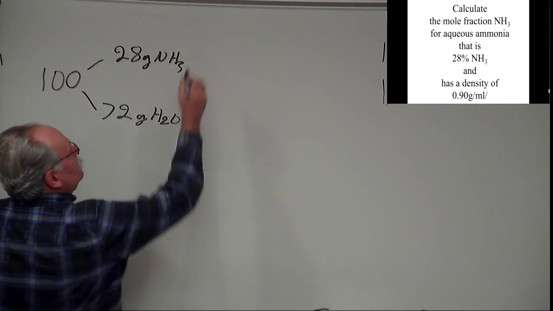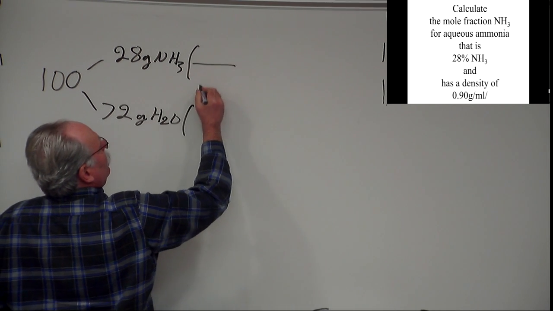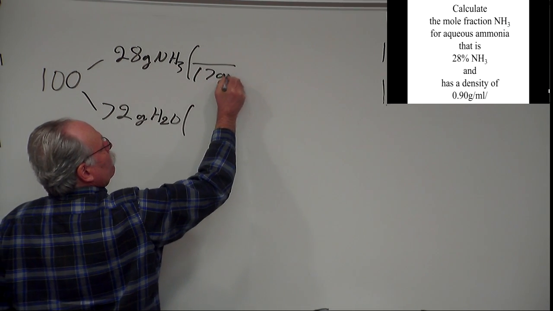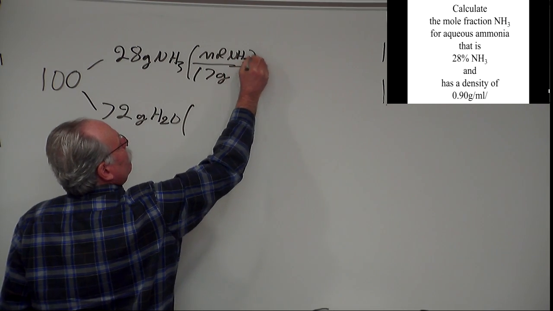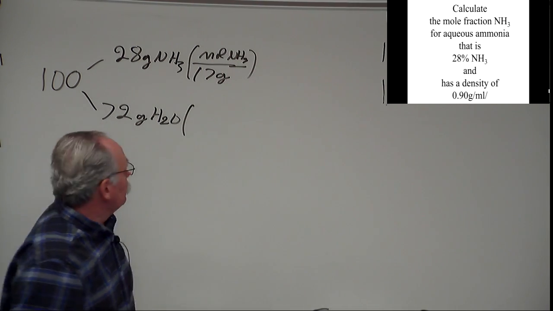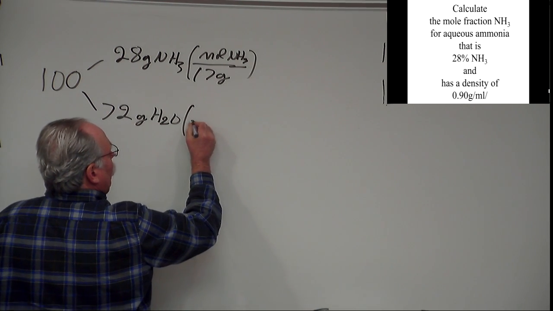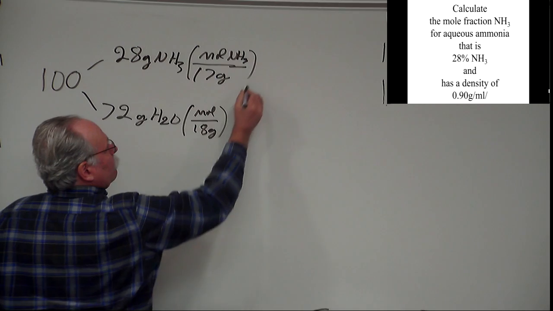Now we need to convert these to moles. These are the grams, so we divide by the molar mass, which is 17 grams per mole for ammonia. I don't need a lot of significant figures because my original question only had 28%. And I divide this by 18 grams per mole, the molar mass of water.